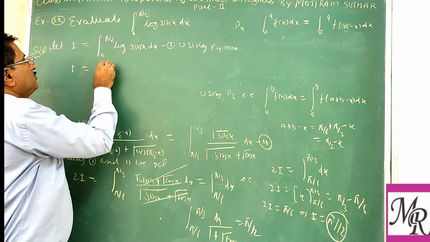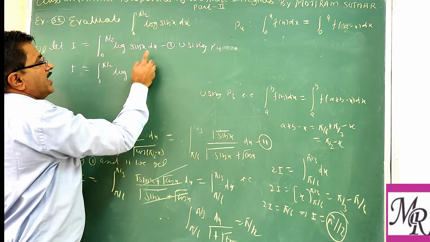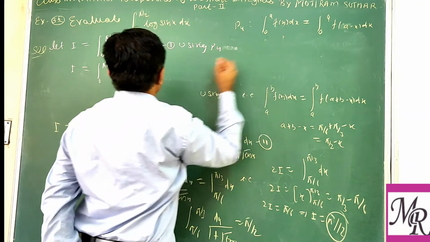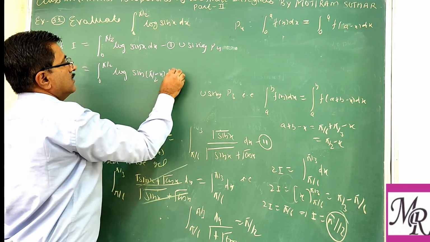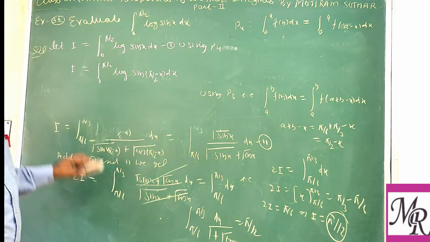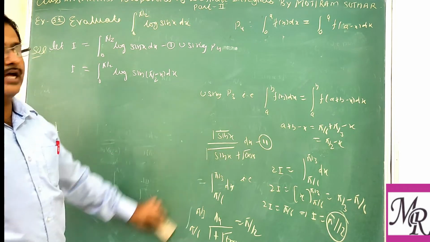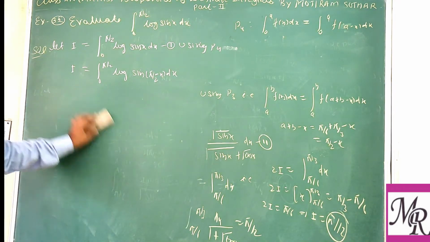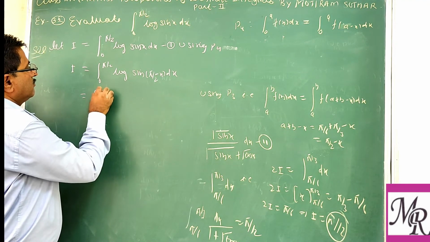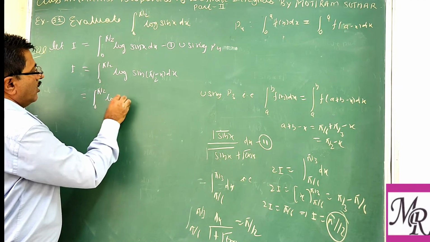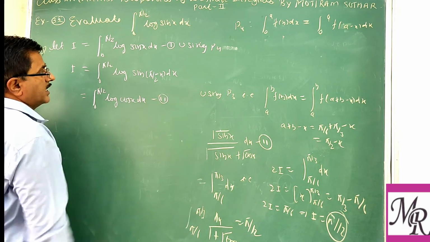So integral from 0 to pi by 2 of log of sin x, with x replaced by a minus x, that is pi by 2 minus x. Now we know that sin of pi by 2 minus x is cos x. So what we get is integral from 0 to pi by 2 of log of cos x dx. This is equation number 2.